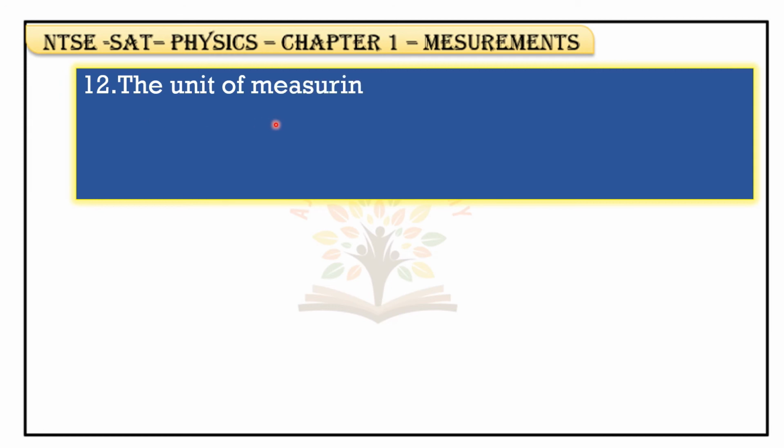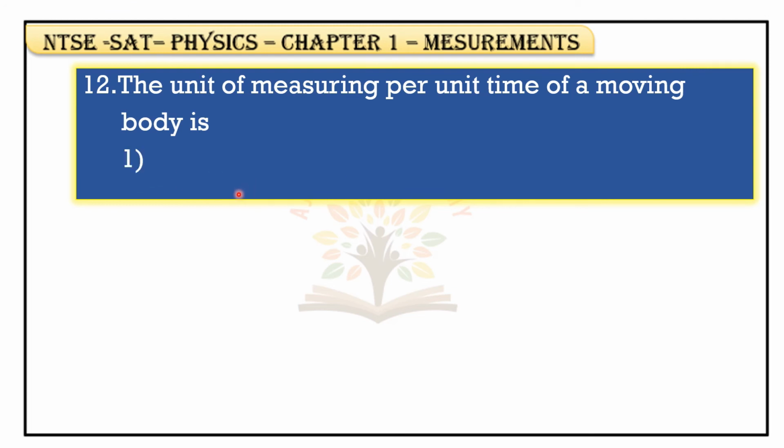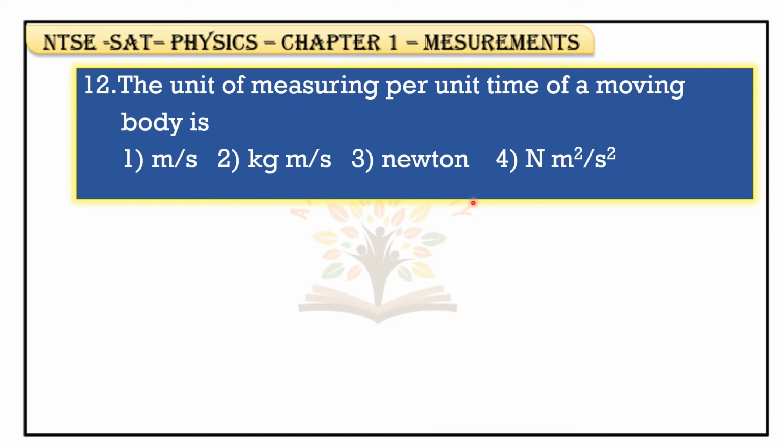The unit of momentum per unit time of a moving body is meters per second, kilogram meter per second, Newton, Newton meter square per second square. So here the unit of momentum per unit time of a moving body is Newton.